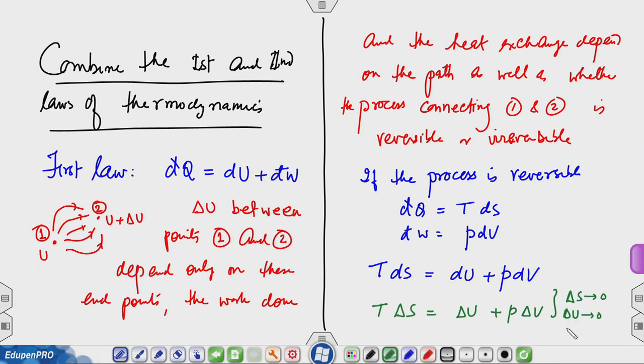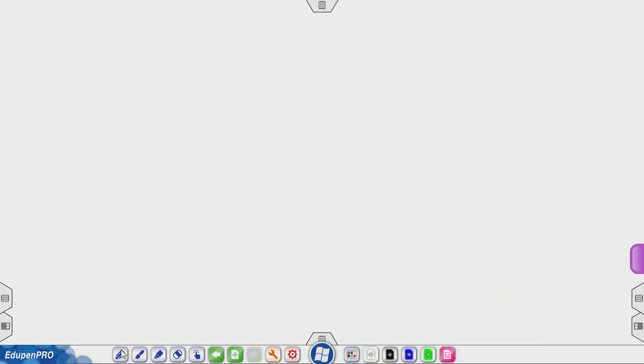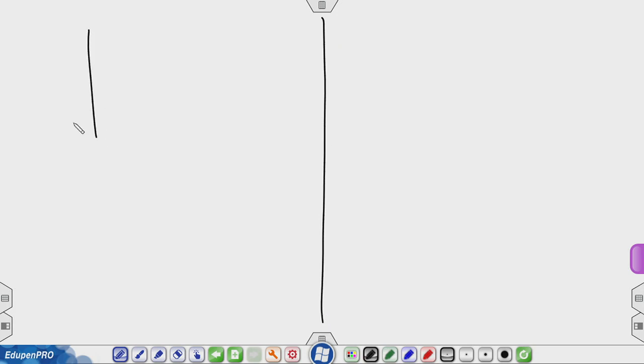I'm writing this as delta to facilitate making this on a process and end of the process. So consider a process infinitesimal apart between 1 and 2.